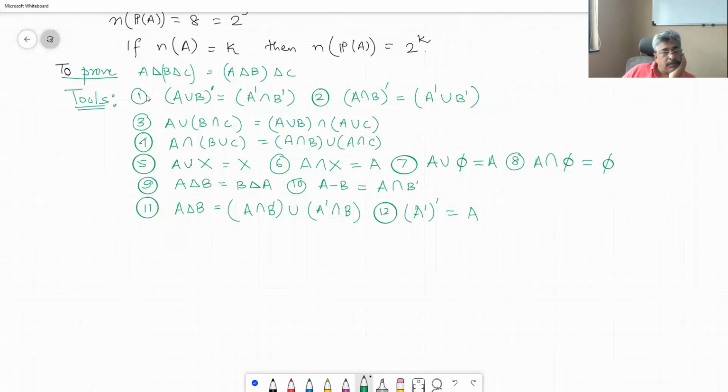Prove that symmetric difference is associative.